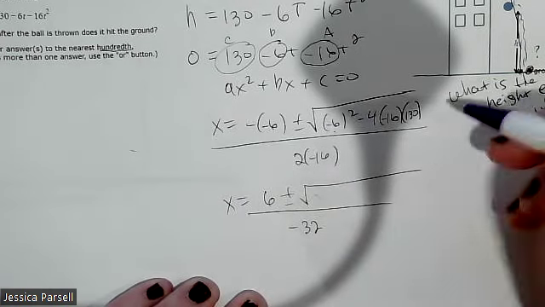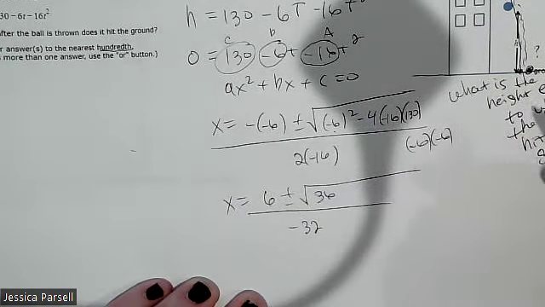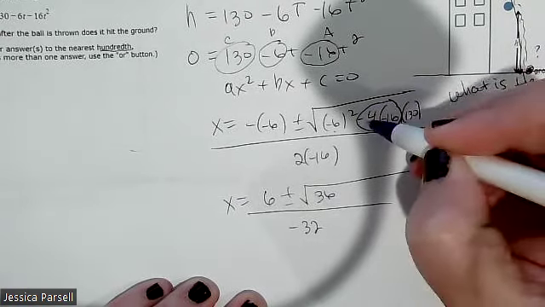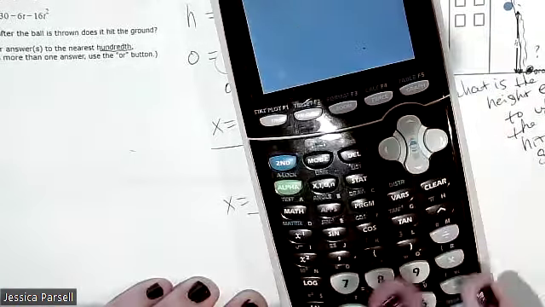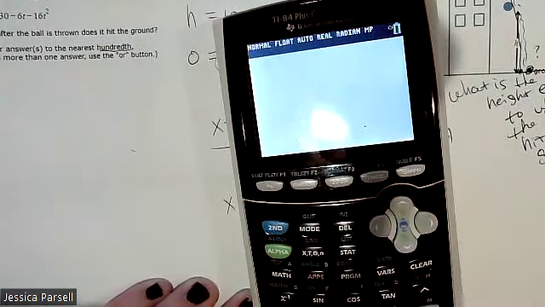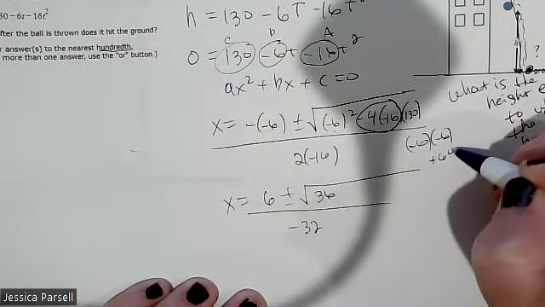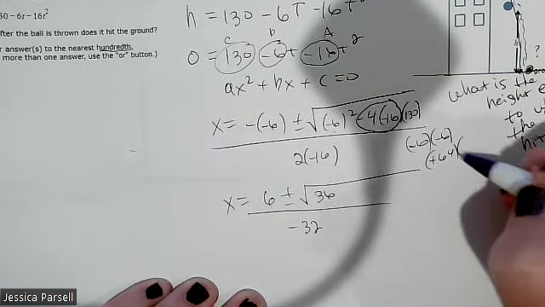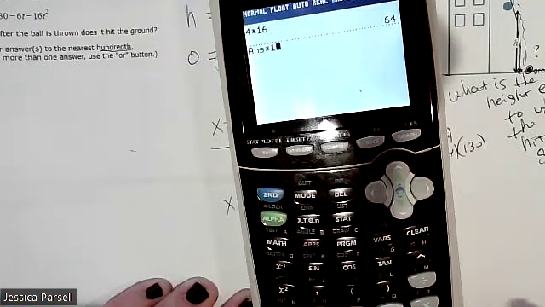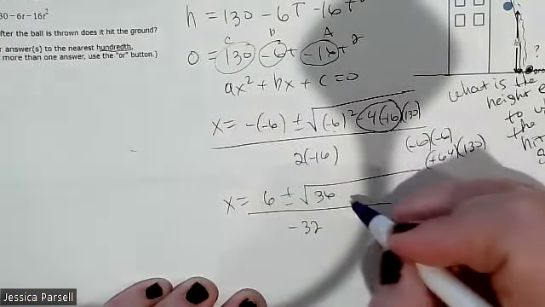Now, -6 squared is -6 times -6, so we know that's 36. Then just be very careful here, right? -4 times -16. Well, negative times a negative is going to make a positive. So what's 4 times 16? That's 64. So that turns into a positive 64 times a positive 130, which is 8320, and it's all positive.